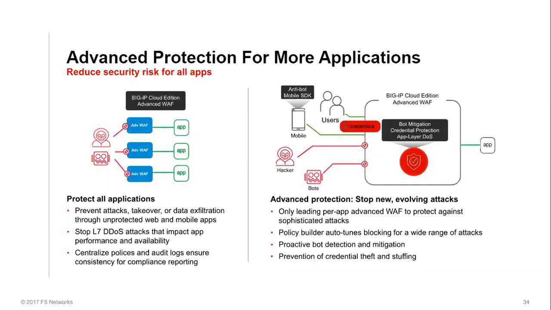It prevents attacks, takeover of data, or data exfiltration through unprotected web and mobile apps, and stops layer 7 DDoS attacks that impact app performance and availability. Centralized policies and audit logs ensure consistency for compliance reporting.